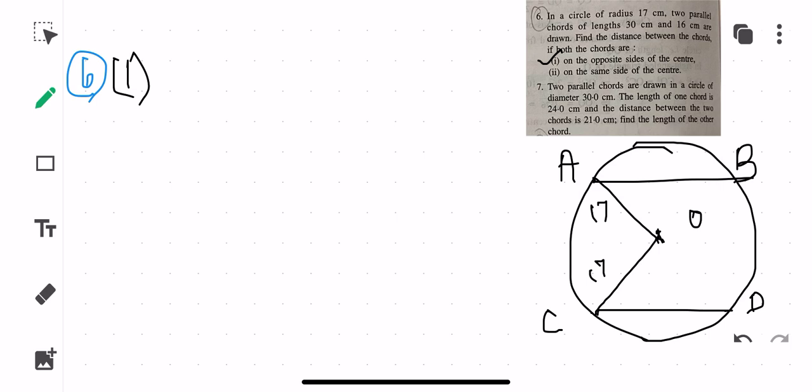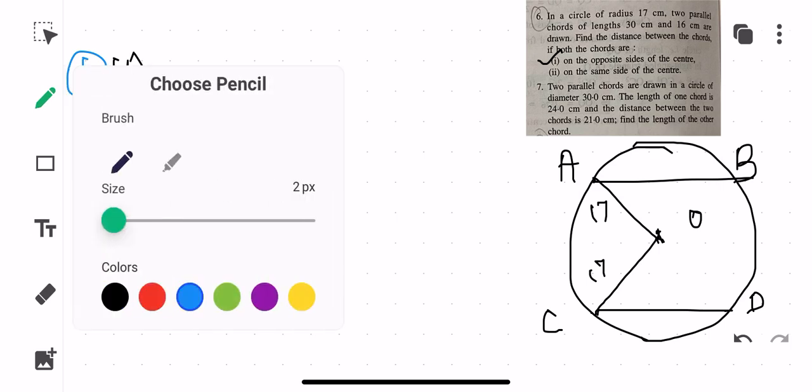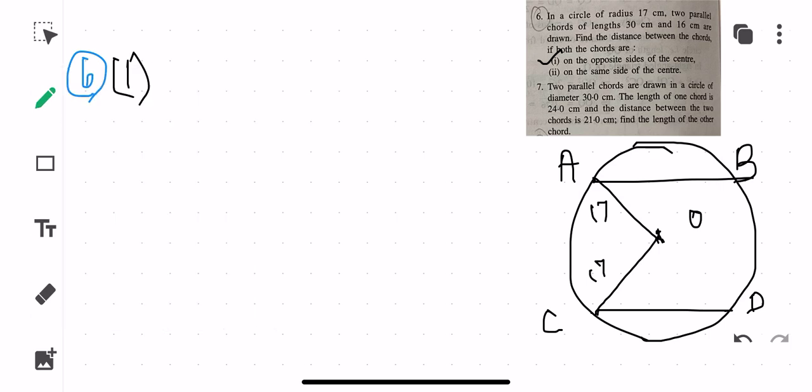For AB the length has been given as 30, so it is understood, children, that half of it will be equal to 15, and for CD the length has been given as 16, so it is understood that half of it will be equal to 8. Okay, so how did you know? This particular thing you need to write. So you will be marking these as P and Q.